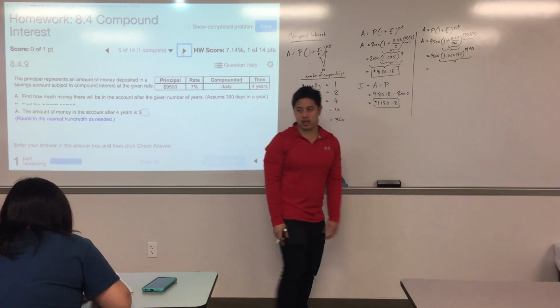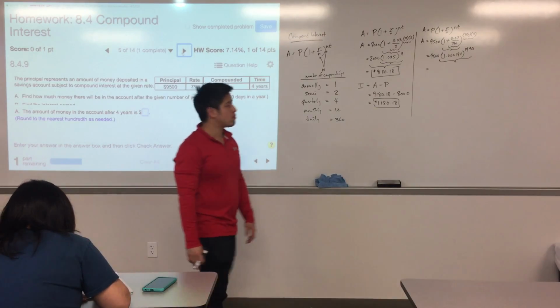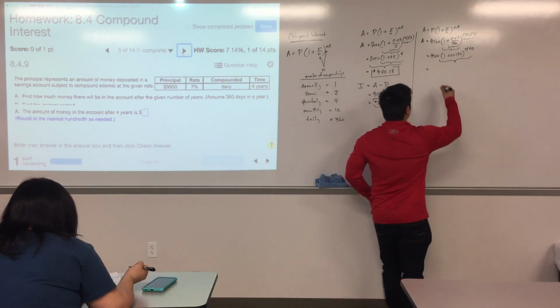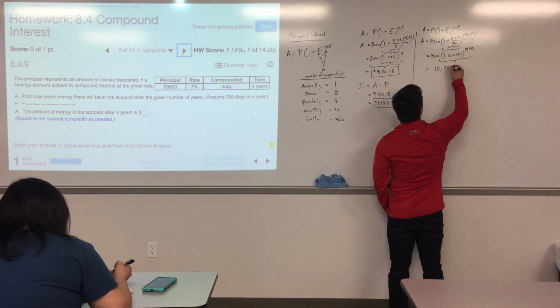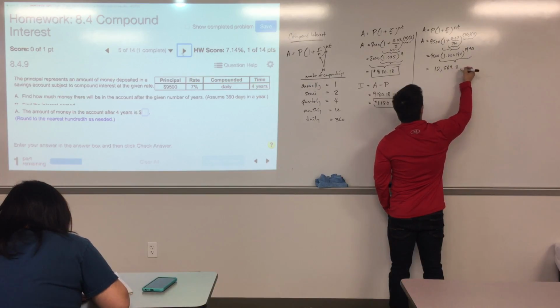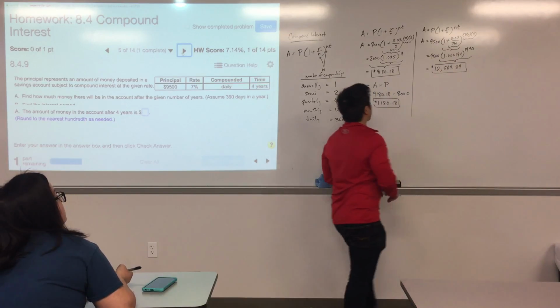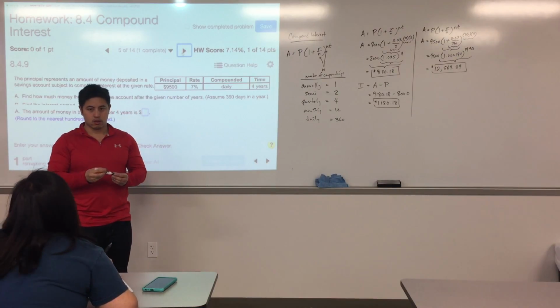Somebody got an answer for that? Yes. Just say it out loud. 12,000. Well, hold on, why don't we just get the answer? 12,000 what? 569.39. Did you round the 9 correctly? Yes. Okay, wonderful. Well, in this situation, would you round up or round down?